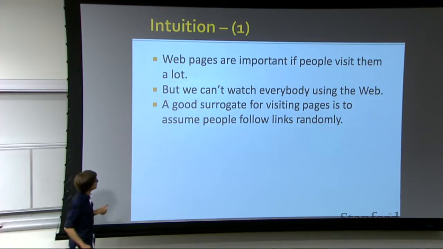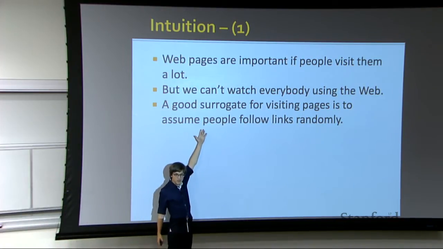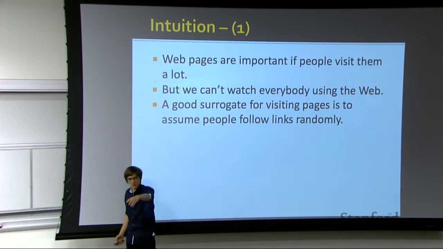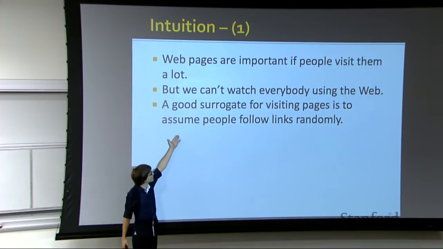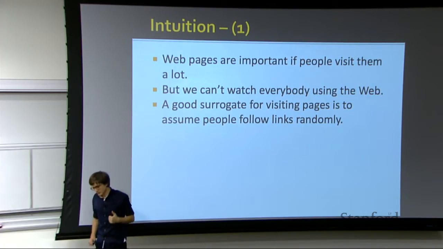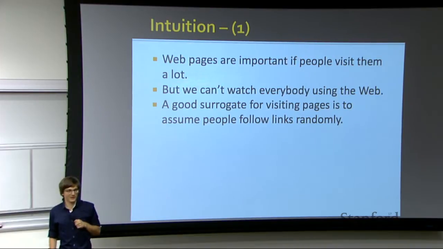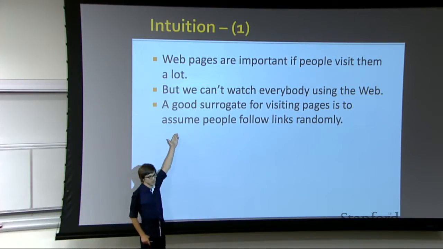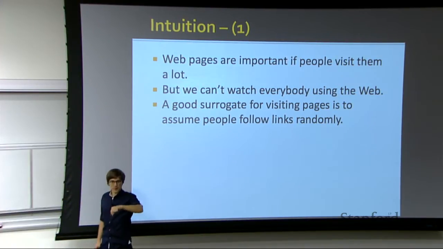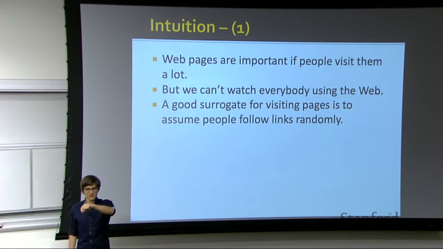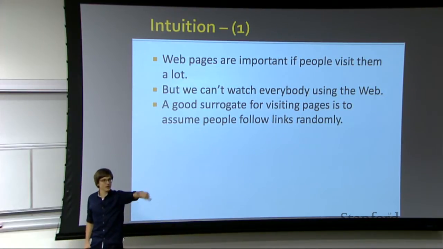So what you could do is to say, let's come up with a model of how people browse the web. And maybe one possible model of how people browse the web is called the RandomSurfer model. The RandomSurfer model is a person who gets to a page, clicks a random link, gets to the next page, clicks a random link, and keeps walking around the web.